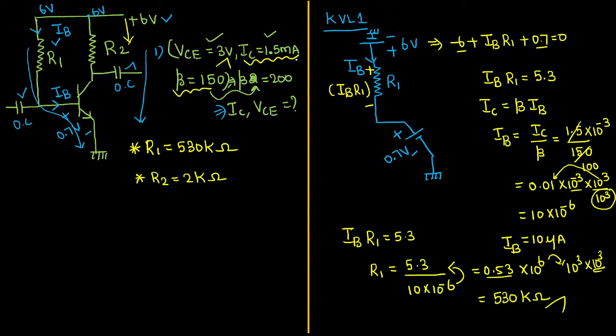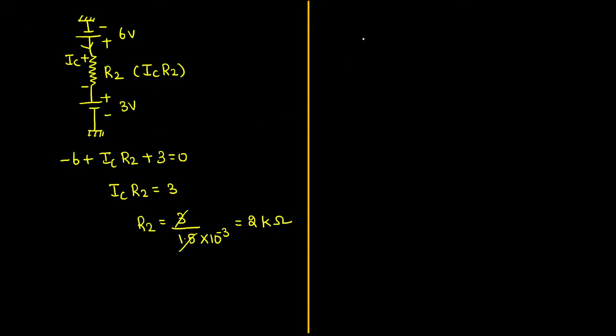We found the value of R1, R2 now. Now it's time to explore the new circuit. We know the value of R1, R2, supply voltage, beta only. Second case, beta equal to 200. Take the same circuit now, but the new circuit will become, see, R1 we know, R2 also we know. Yes, here is our transistor.